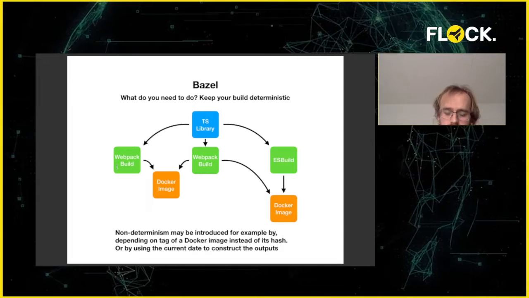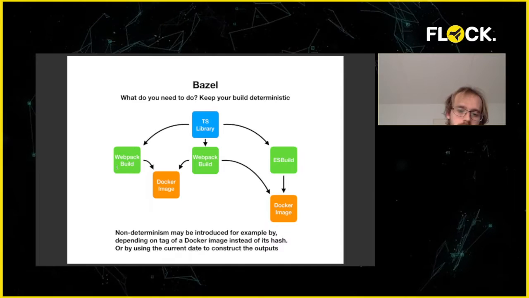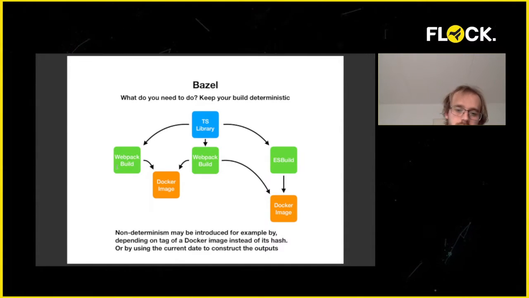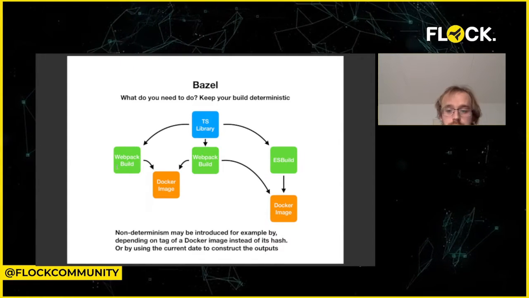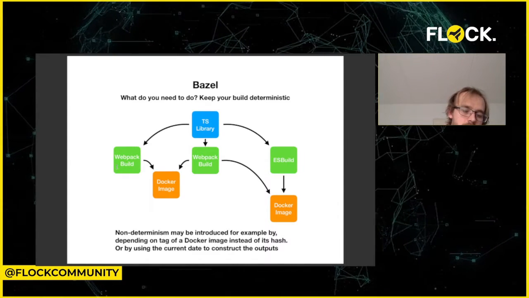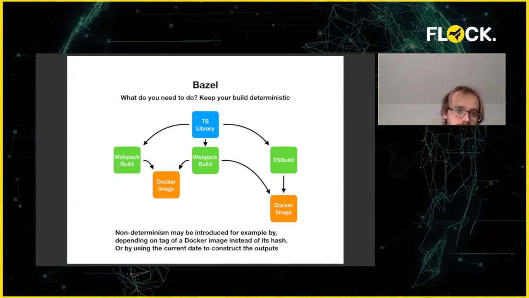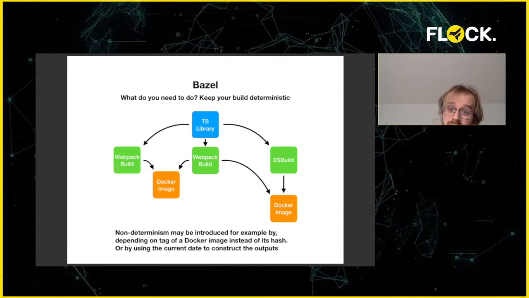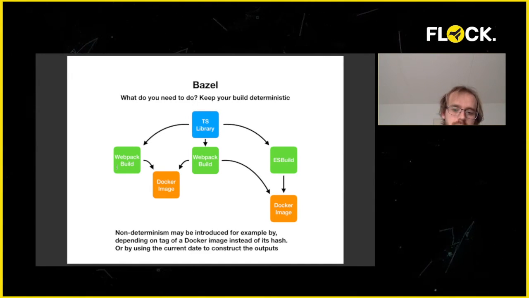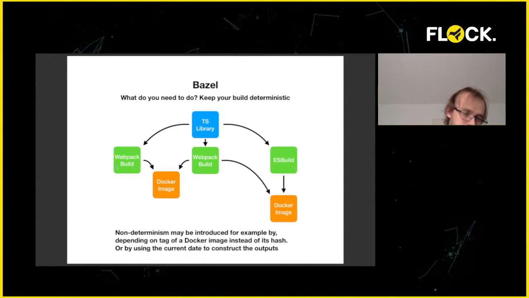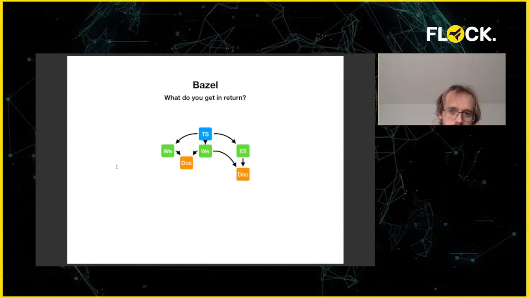BAZEL will generally solve these issues by asking you to not only supply a tag of a Docker image, but also to supply the hash. And for the file dates, you will see that it will always use the 1st of January 1970 around midnight. So it's always the same date that you see, and you have to specify the hash.